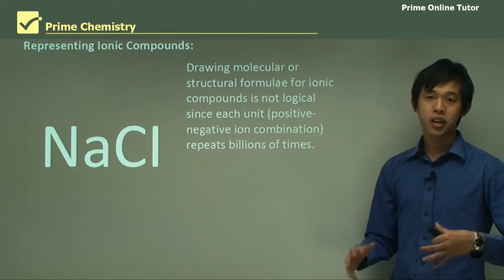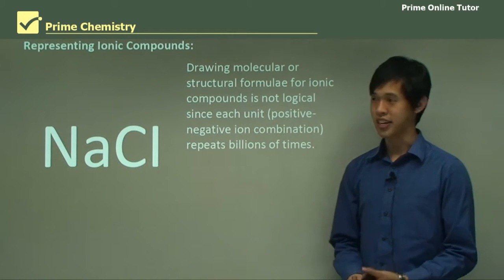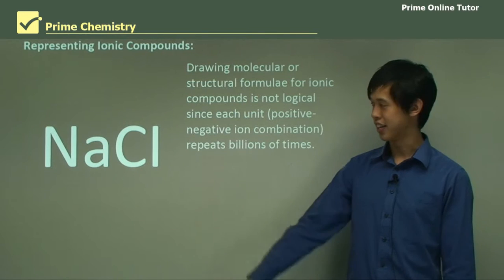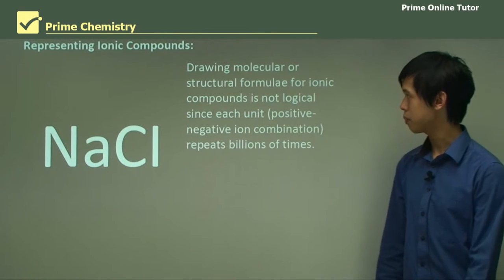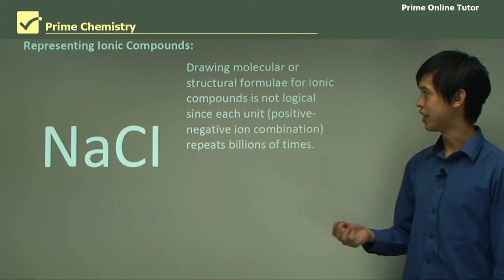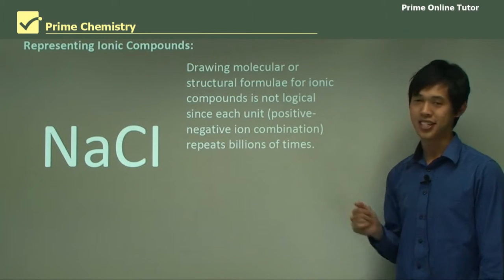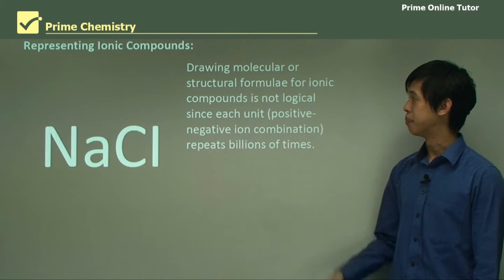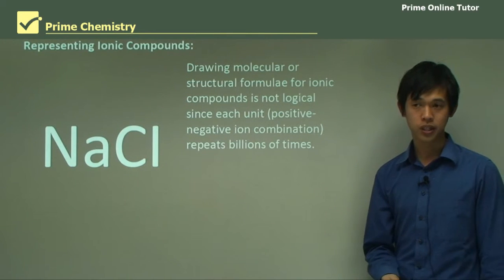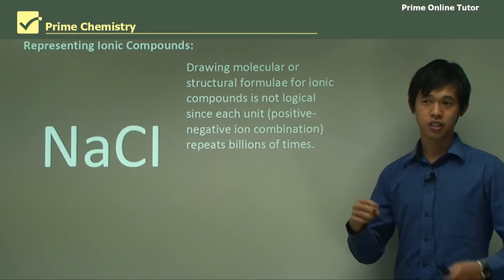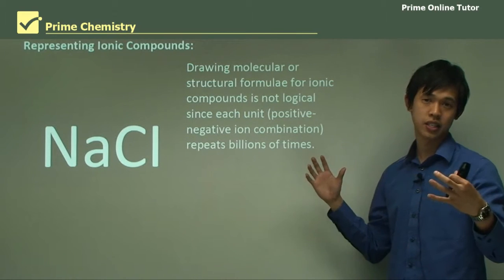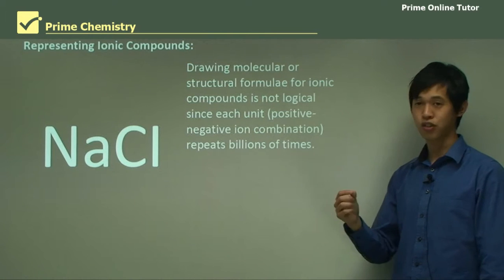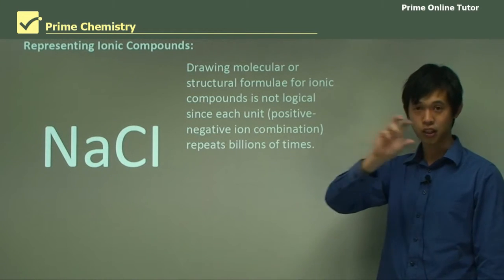So moving away from what an ionic compound is to how we actually represent ionic compounds. So NaCl is probably the most well-known ionic compound in the world. It's table salt. So drawing molecular or structural formula for ionic compounds isn't really logical. Okay, so remember what structural and molecular formulas were? Molecular formulas tell you how many of any particular object are in that molecule, whereas structural formulas actually have to draw each bond and each part of it.